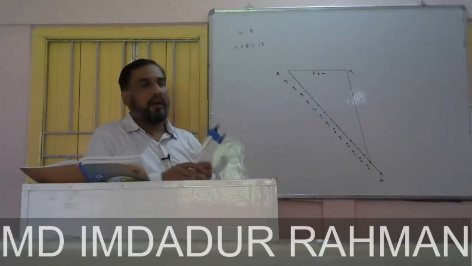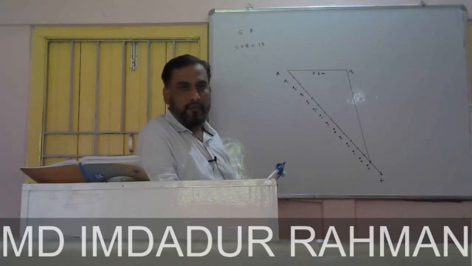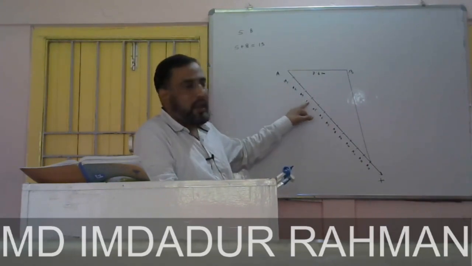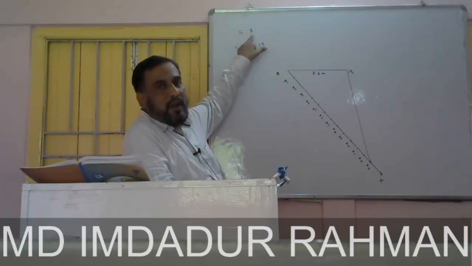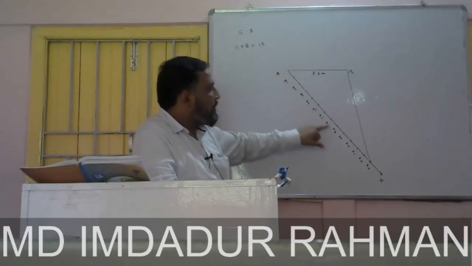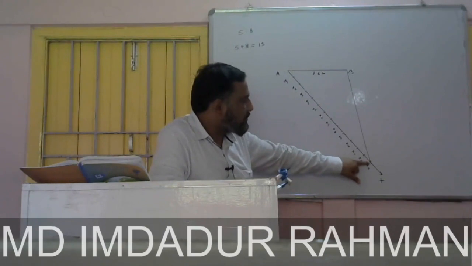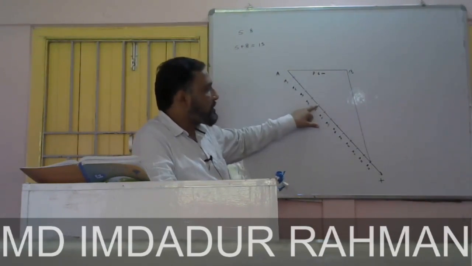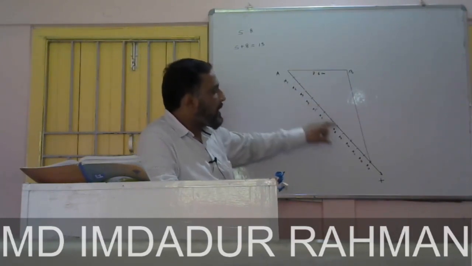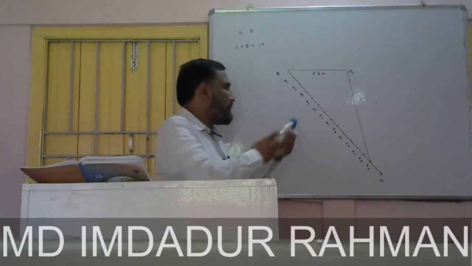Now fourth step, we will draw a parallel line from A5, because 5 is to 8, that is from 8, total 13 parts, to B, and from fifth part we will draw a line segment parallel to A13B.